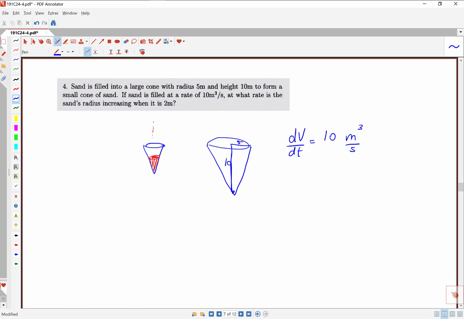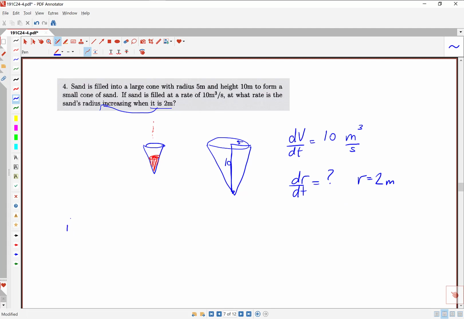And we want to figure out at what rate is the sand's radius increasing when it is 2 meters. Okay, so we want dr by dt, rate of change of radius. And then it says when it is 2 meters. Well, what is that referring to? That's referring to the radius. So when the radius is 2 meters. All right, so that's all the information pulled out of the problem.